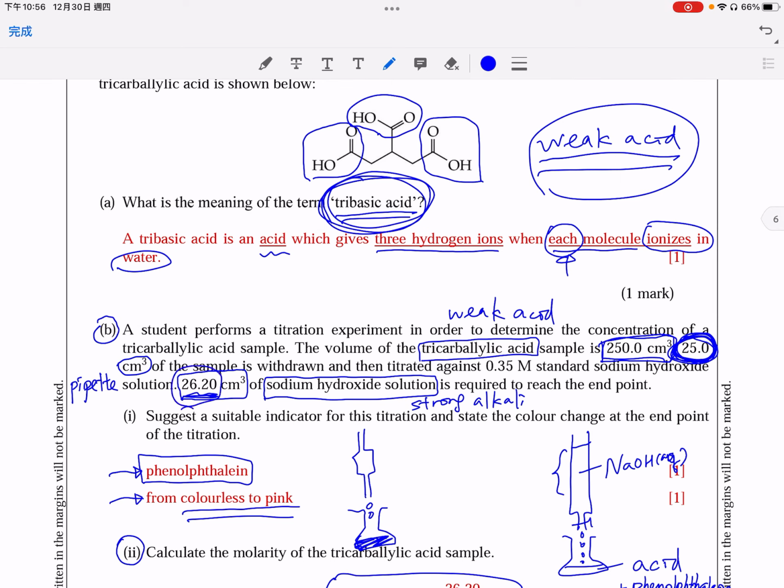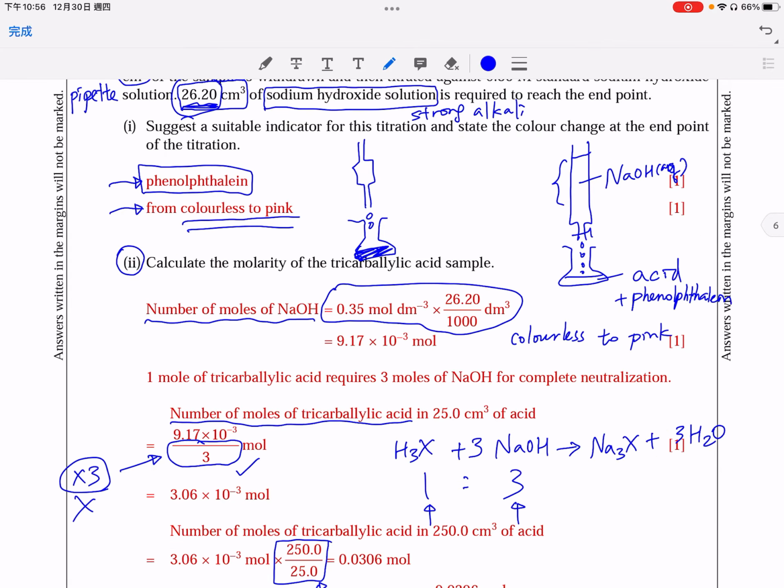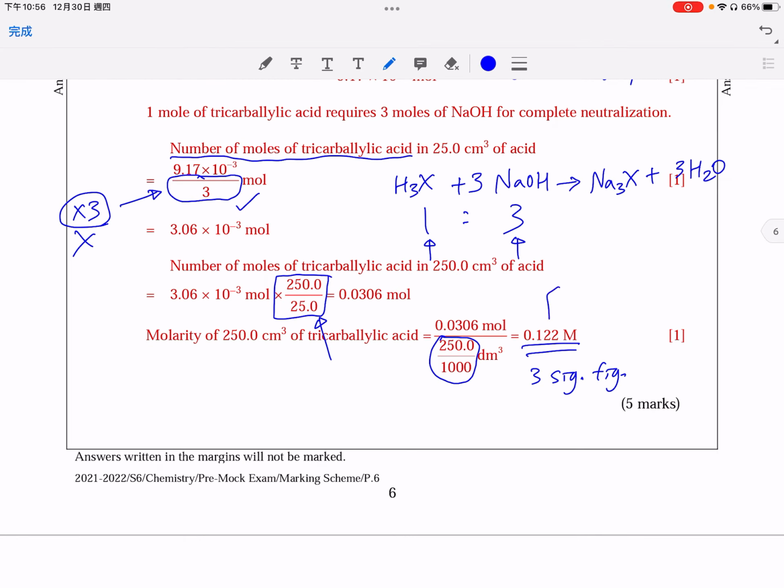For example, this one. Okay, so how to determine? Just refer to the data from the question. So 0.122 M is a very good way to present your answer. If you just present it to be 0.12 M, this is not good, not accurate enough.